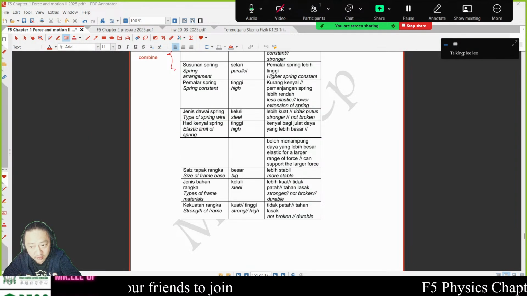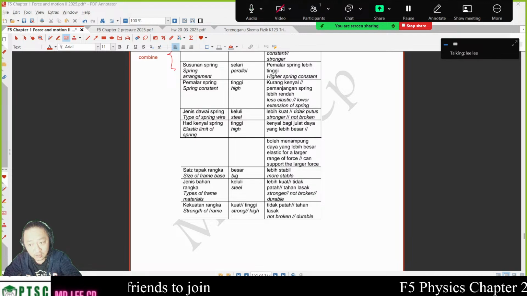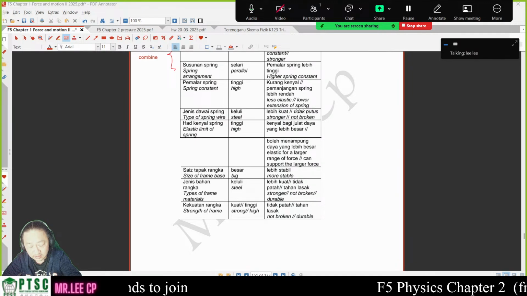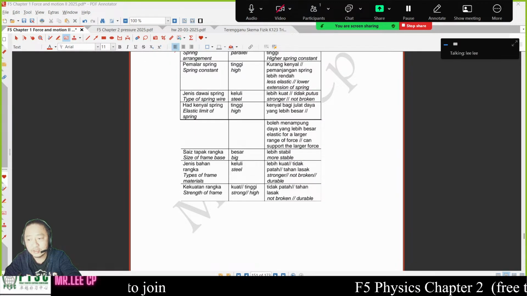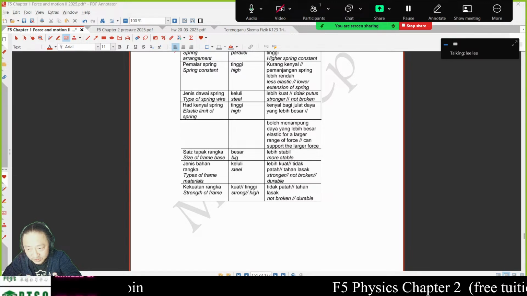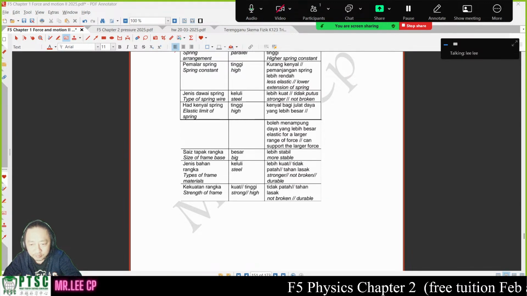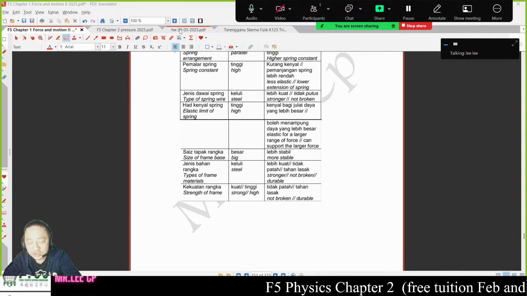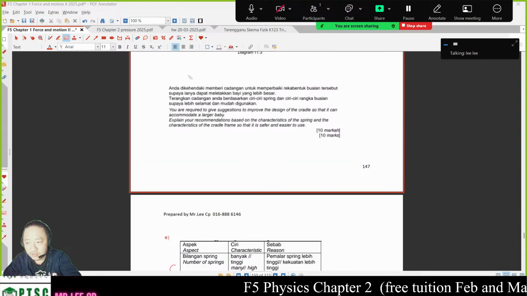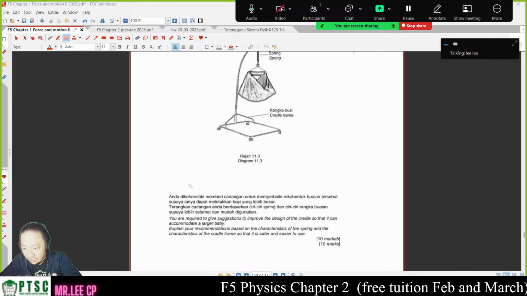Alright, so you will not reach the elastic limit easily. It can withstand more force. Also, size of the frame is big, so more stable. So where is the size of the frame big? Here, size of the frame, the kettle frame.